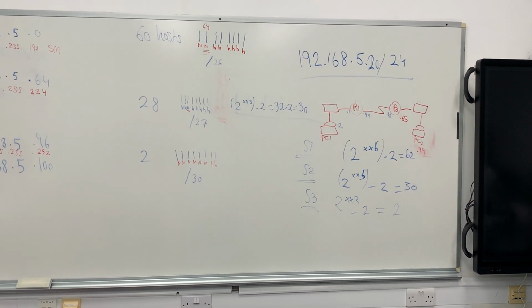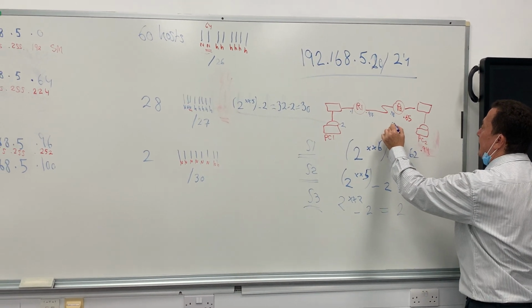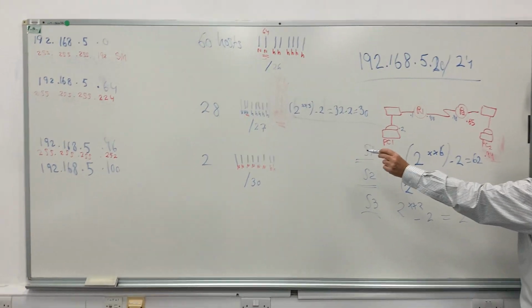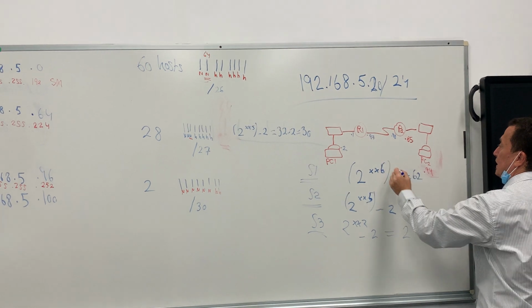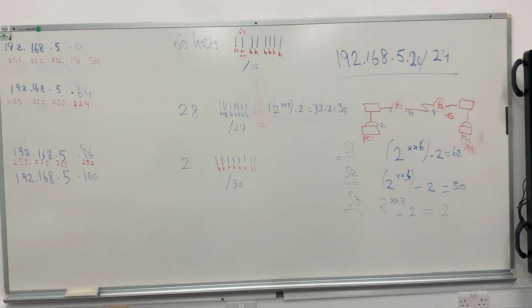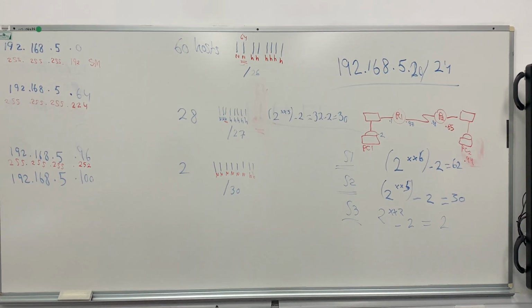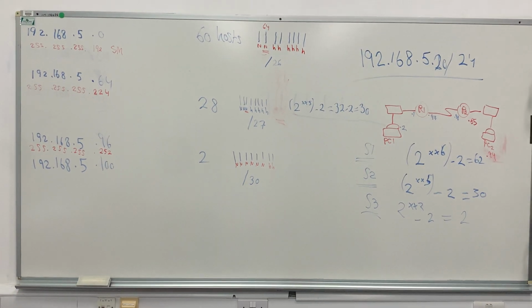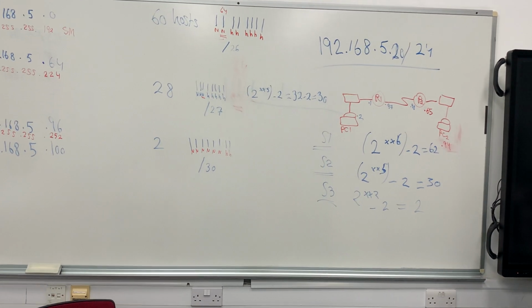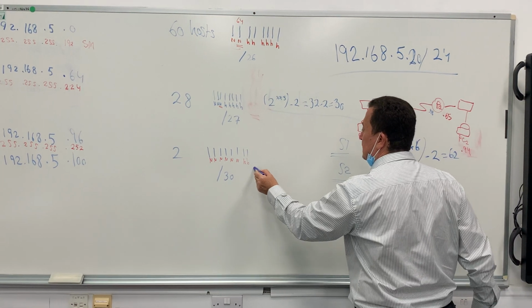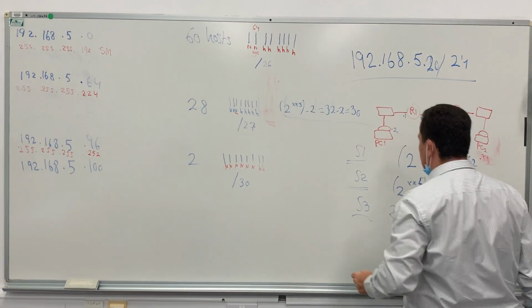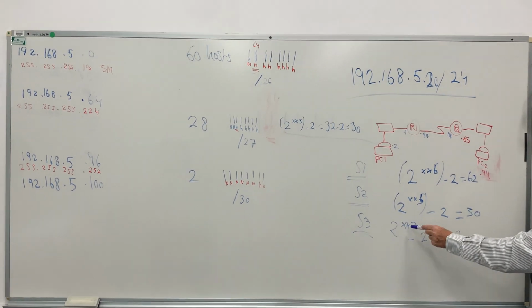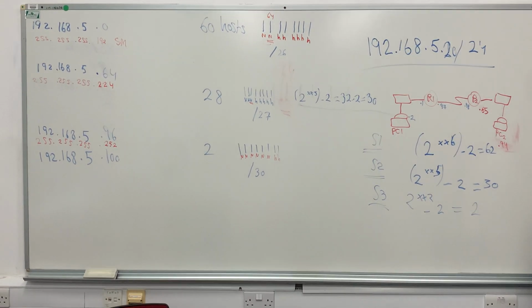For the third subnet, which is for my WAN link, they asked us to have only 2 hosts, because we only need to give one IP address here and one IP address here. So we want to save on our host addresses. In this case, we need to keep only 2 host bits, which gives us a subnet mask prefix of 30, because 2 to the power of 2 minus 2 is equal to 2.